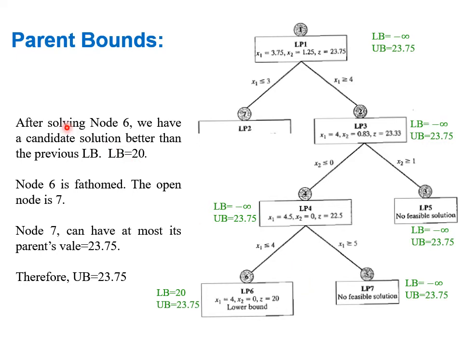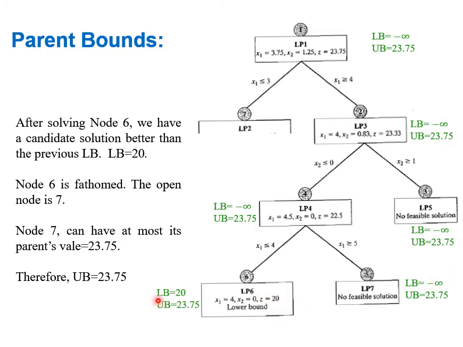Next, we solve node 6, and when we solve it, we see that we come up with an integer feasible solution. This is a candidate solution. Okay? And in this candidate solution, the objective function value is 20. So now this 20 provides a lower bound for us. The previous lower bound was minus infinity, and we found 20. So we are trying to maximize, and for a maximization problem, 20 is better than minus infinity.